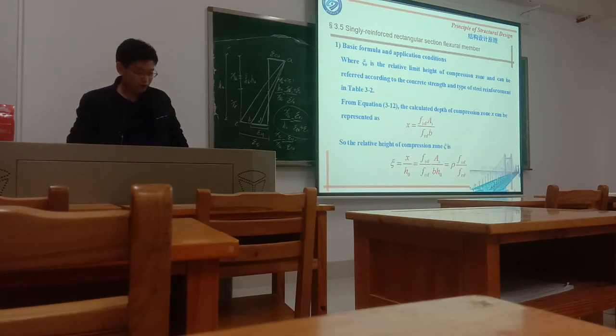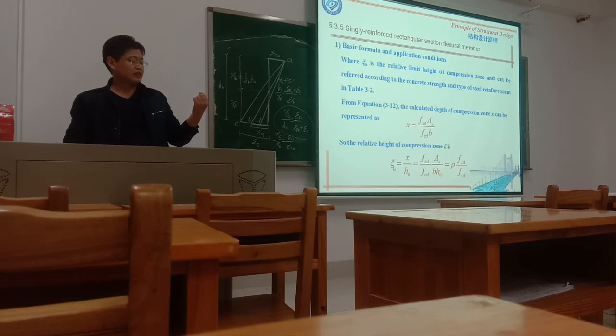So the relative height of the compression zone, ξ and x are actually the same thing. One, ξ, is dimensionless, and x is just the real height. ξ equals x divided by h0. We replace x by fsd, fcd, and as over b h0.